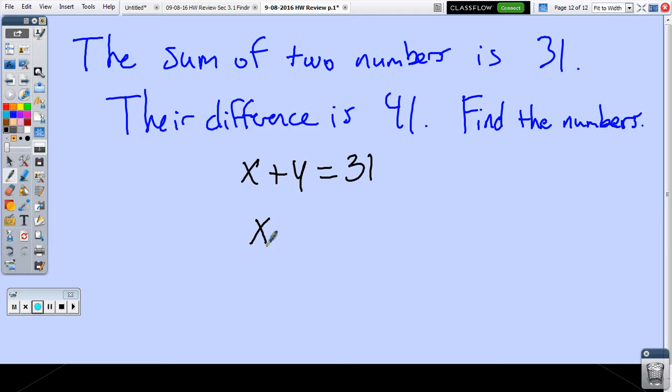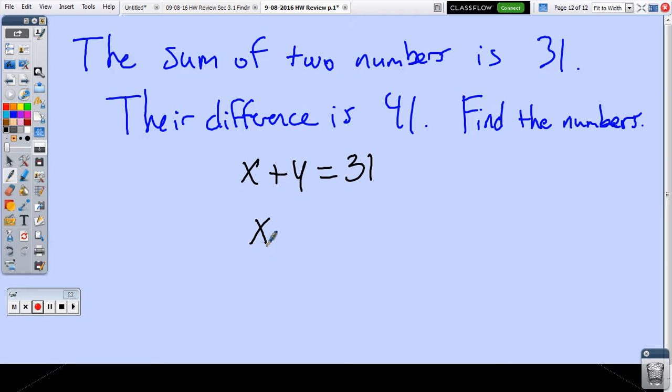And if X minus Y equals 41, right? So what would X represent? What are X and Y? The two numbers. So if X is one number and Y is the other, then you're doing well.